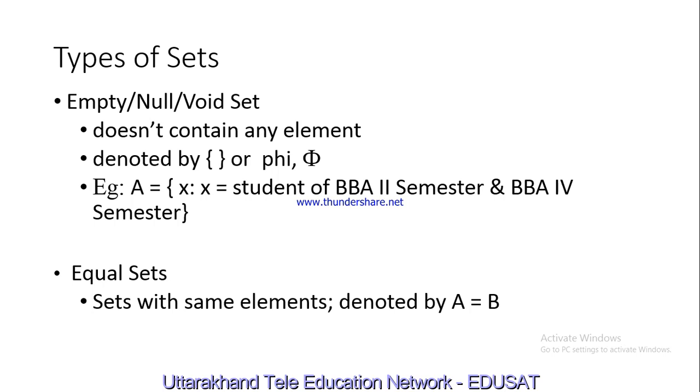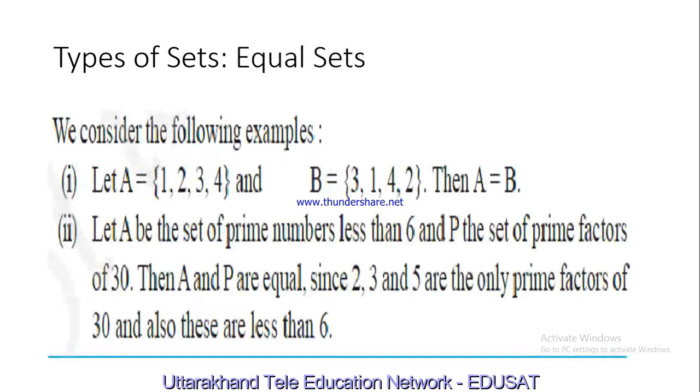So if two different sets have the same elements in whatever serial order, that is immaterial, then the two sets would be called equal sets, and they would be denoted by A is equal to B. Here A and B are two sets, and the equal sign shows the equality of the two sets. We'll take up one example to make you understand this better.